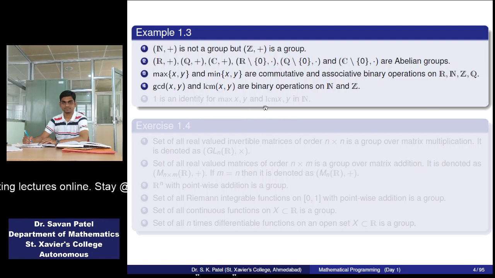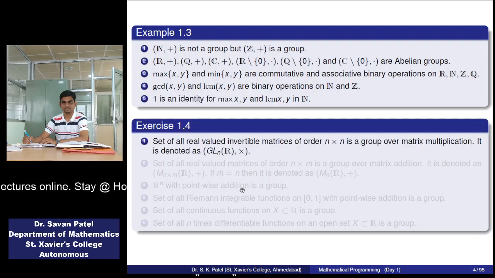For LCM, we have 1 in N as identity element, but there does not exist an inverse. So N and Z are not groups under GCD and LCM binary operations. The set of all real-valued invertible matrices of order n cross n is a group over matrix multiplication, and it is denoted as GL_n(R).